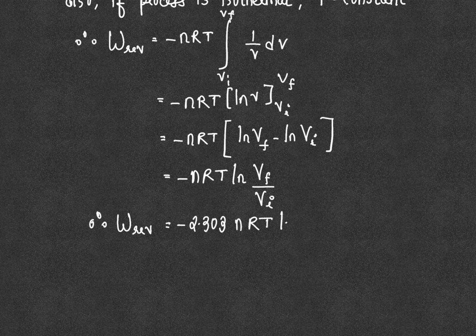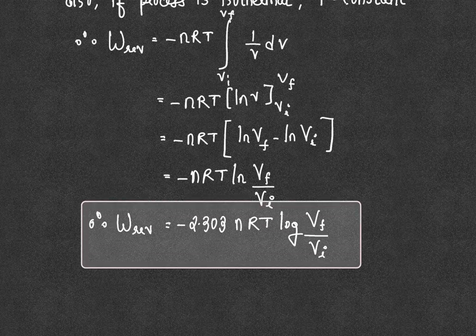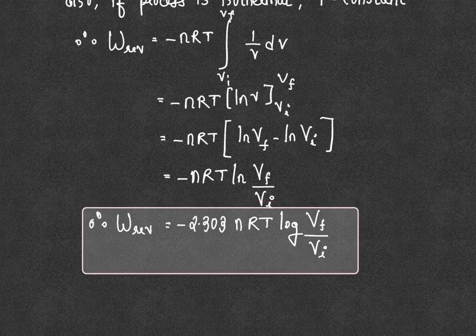nRT log VF by VI. Okay, so log is easy for the calculation. We would be doing this.